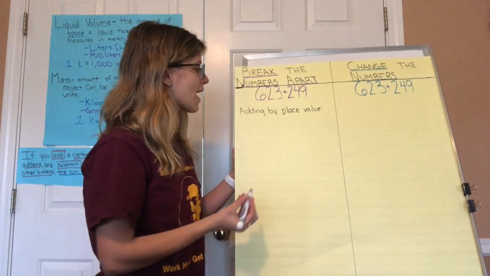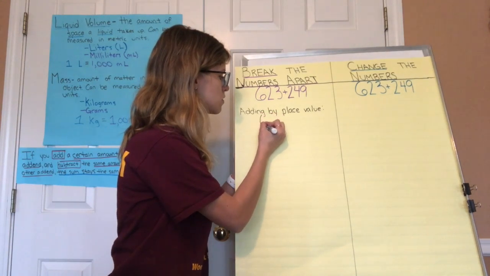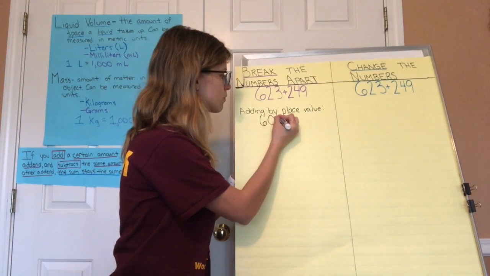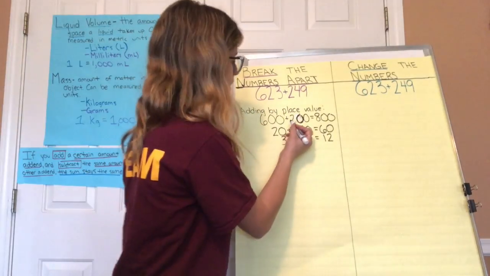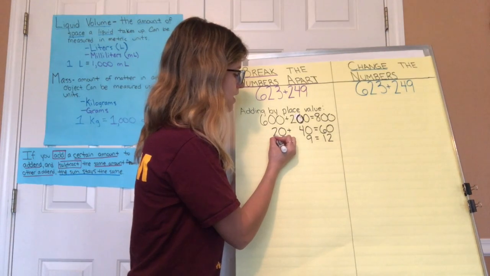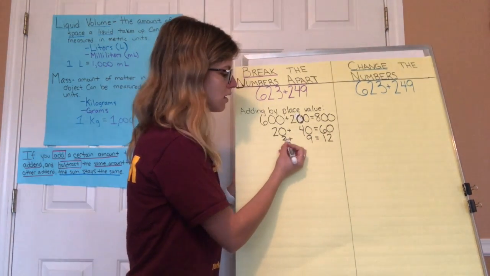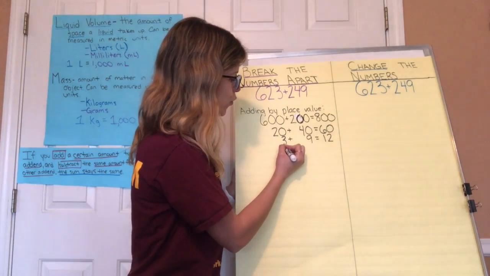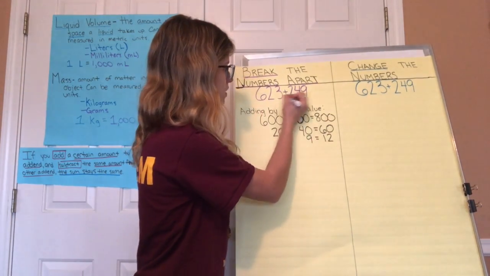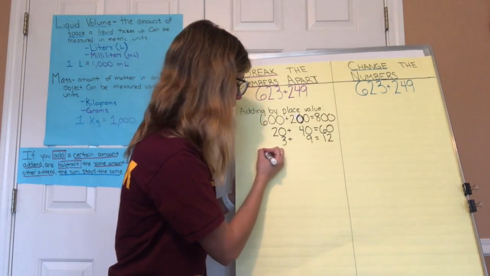If I was doing adding by place value, I would first do 600 plus 200, which equals 800, and then I need to add my tens, which is 20 plus 40, which is equal to 60, and then my ones, which would be 3 plus 9, which equals 12. And now I need to add all of my answers together.